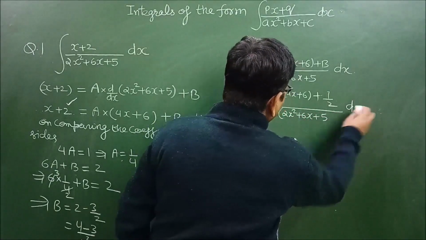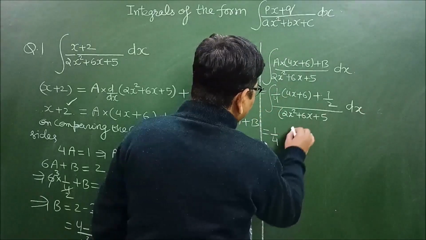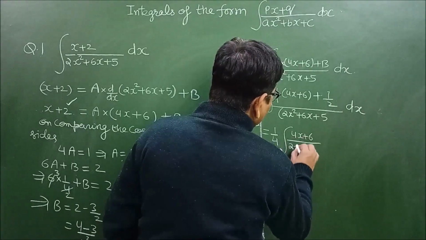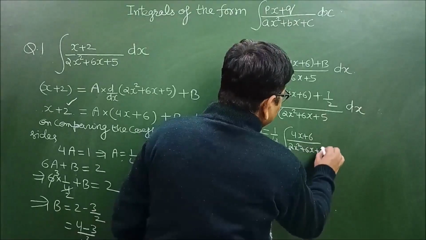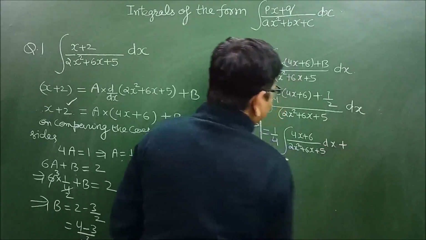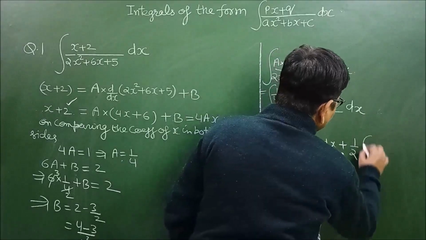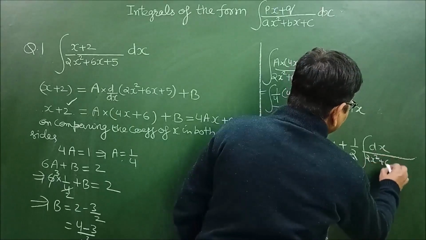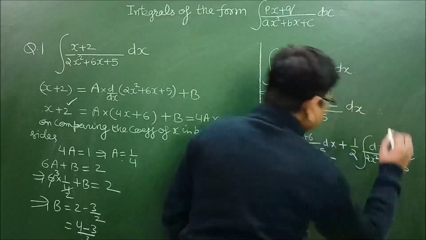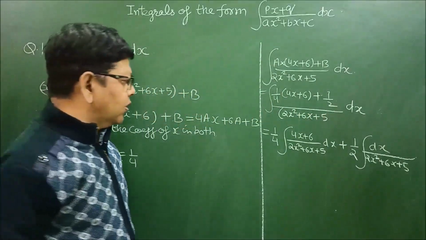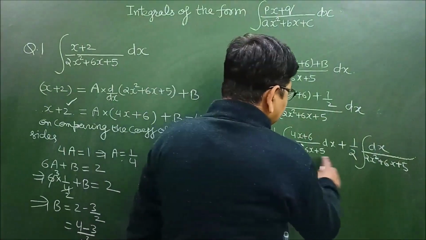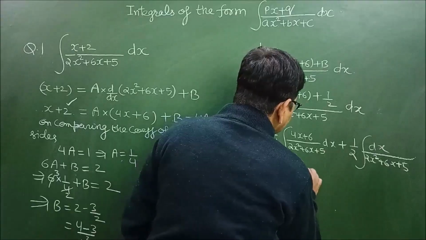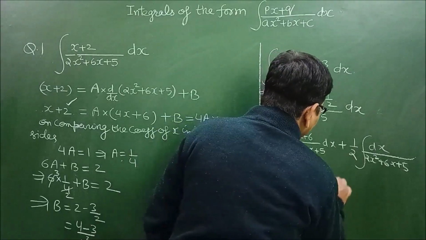Now separating the integrals, this is equal to 1 upon 4 integral of (4x + 6) upon (2x² + 6x + 5) dx plus 1 upon 2 integral of dx upon (2x² + 6x + 5). Now taking the two integrals as I1 and I2, this is equal to 1 upon 4 I1 plus 1 upon 2 I2.